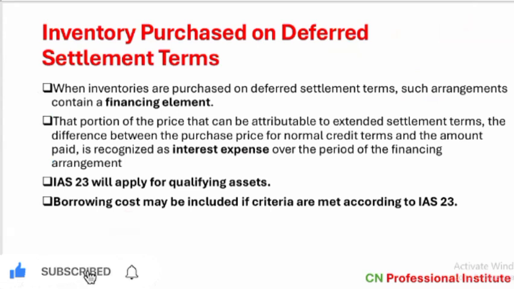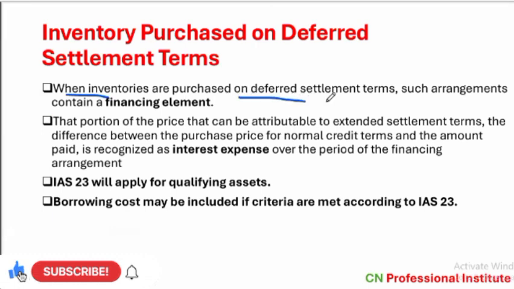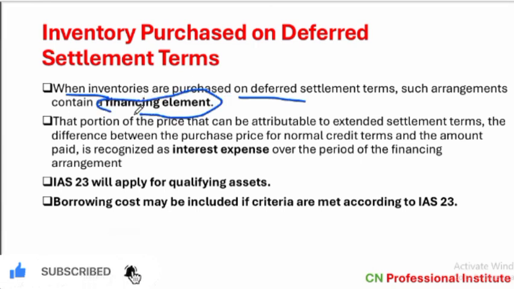So it says inventory purchased on deferred settlement terms, right? Now it says when inventories are purchased on deferred settlement terms, such an arrangement contains a financing element. Key thing, it contains a financing element.